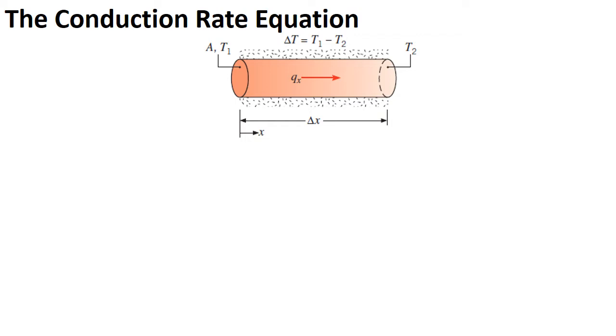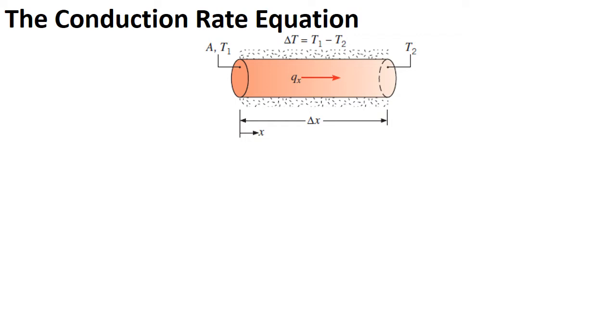The left side of the rod is maintained at temperature T1 and the right side of the rod is maintained at temperature T2 such that T1 is greater than T2. It means that the left side of the rod is hotter than the right side, so heat will flow from left to right as shown in this figure.